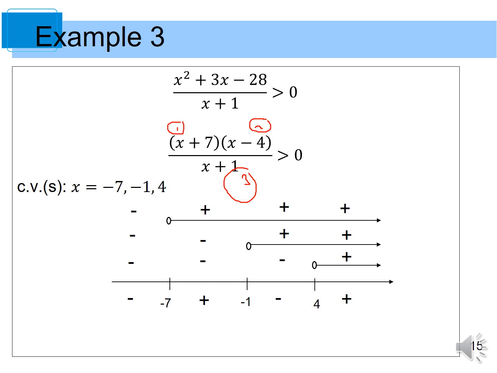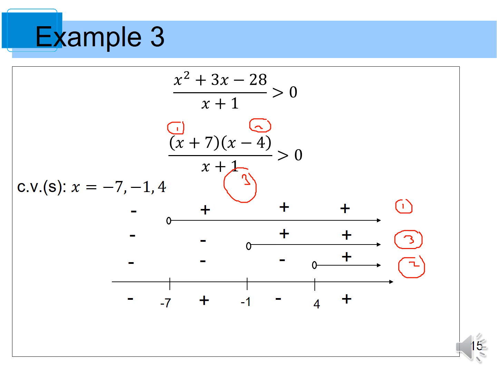So this one is the first factor, and this one is the third factor, and for the second factor, just follow. You can see the result from the first interval is positive. So positive multiplied by positive is positive, divided by positive is positive.